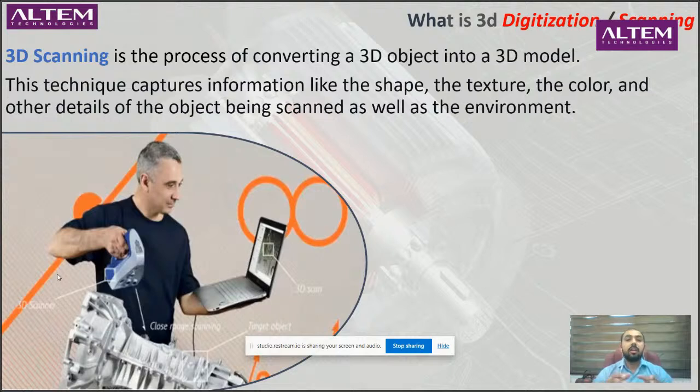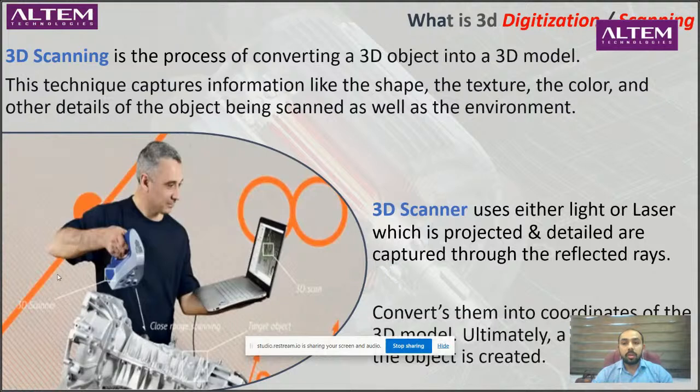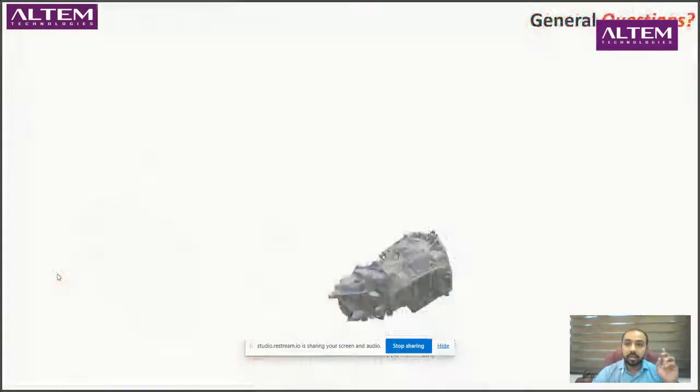You can say 3D scanners act like a bridge between the physical real world and the digital one. The scanner uses a light source or laser projected over the part, and it works on the reflection method. The light is reflected back and captured by the sensor, and the sensors register it as 3D coordinates in the software, and ultimately 3D mesh data is created.